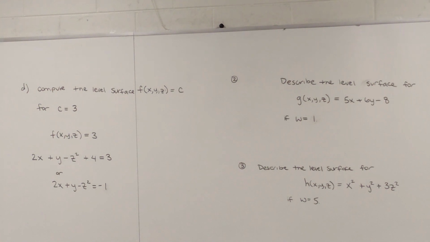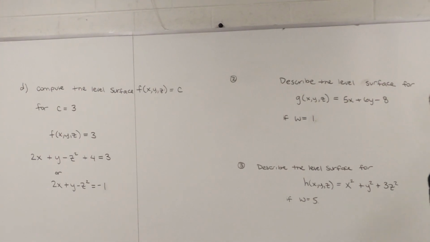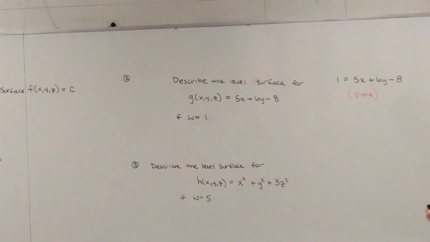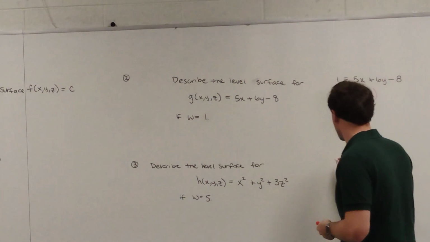So if I slice through and let W equal 1, what kind of surface do I see here? Next one, I let W equal 5.